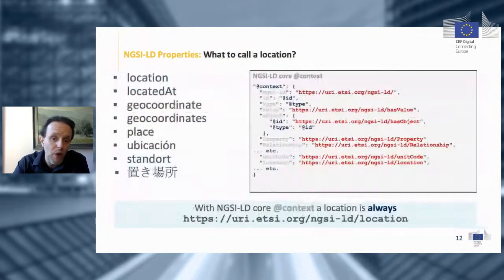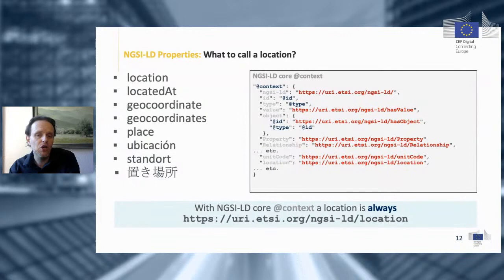There are a few well-defined elements. Obviously, context elements, because they're real world things, tend to have a certain place within the world, and these are defined within the core context. The core context cannot be overridden.